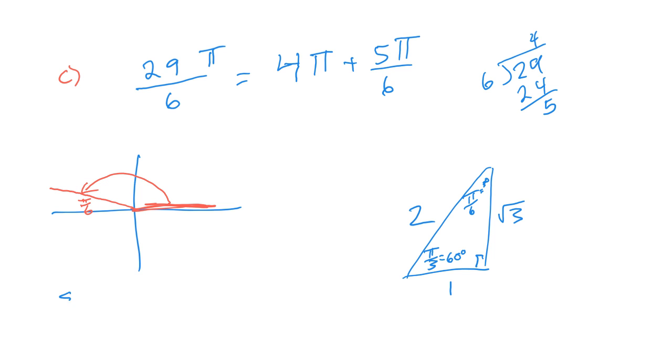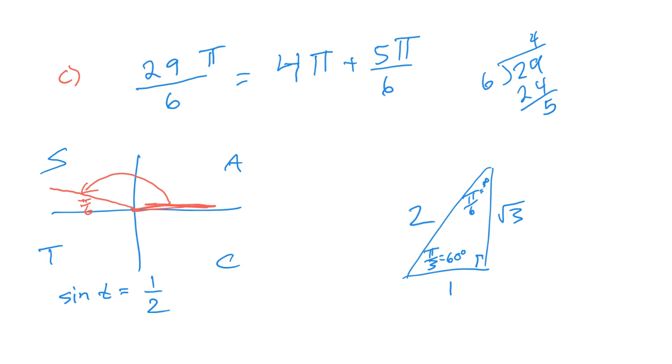So if I want sine of t, it's going to be some ratio of 1 over 2, based on opposite over hypotenuse. Okay, but because it is in the CAST quadrant, it has to be positive 1/2.